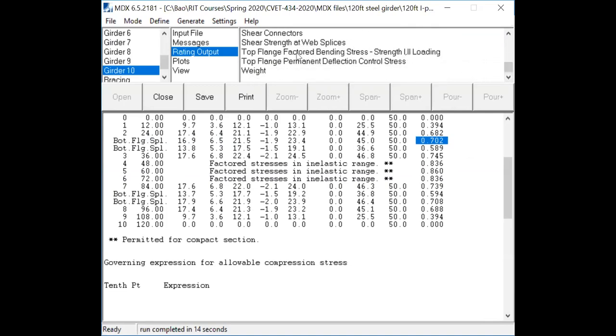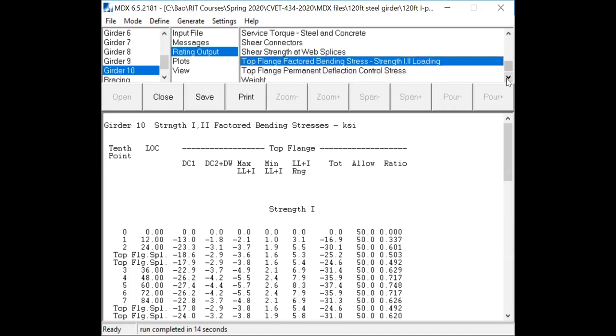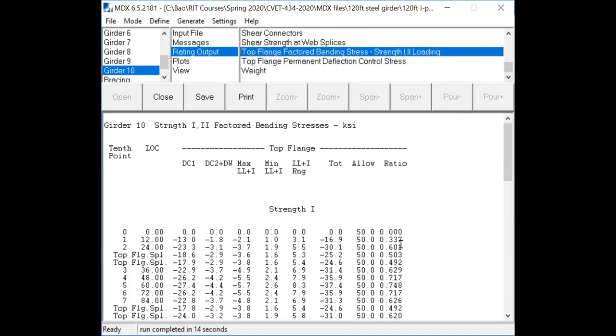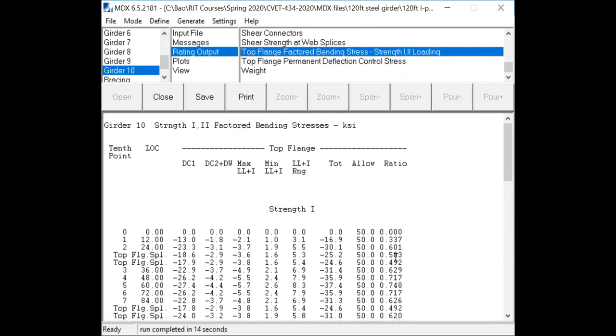Top flange bending stresses, for stress 1 and 2 loading, and let's take a look at the ratio. Okay, so this gives you the ratio for the top flange.